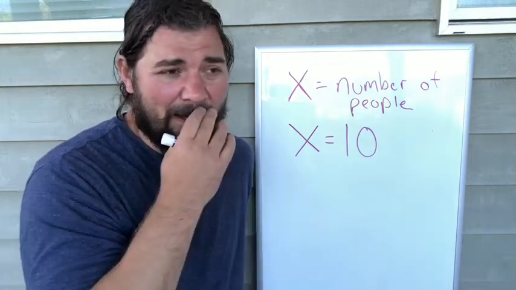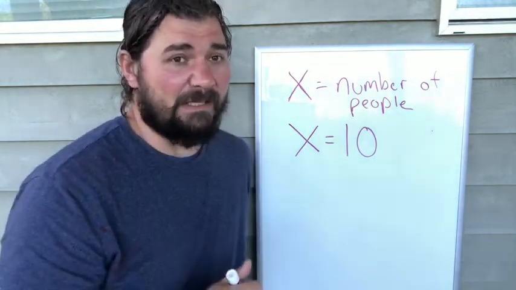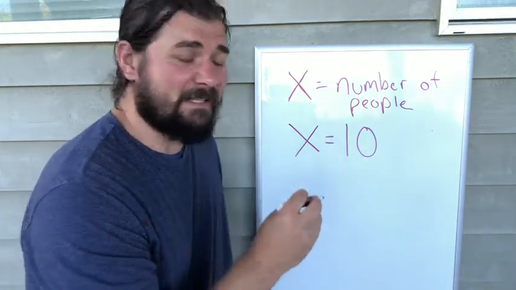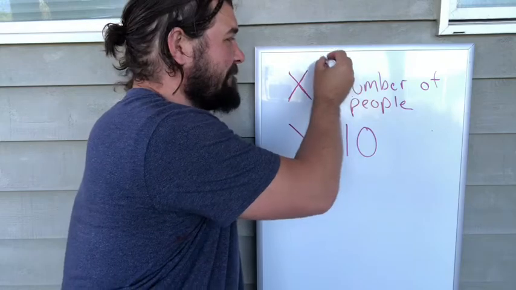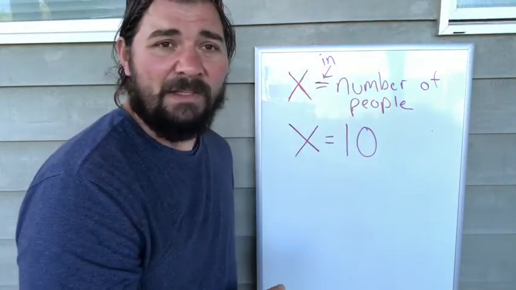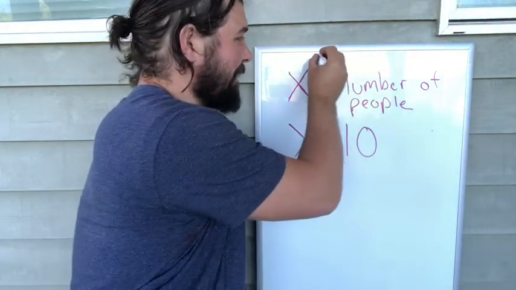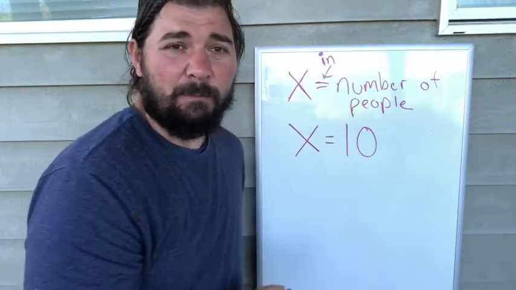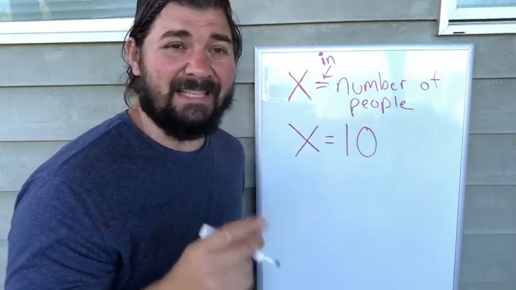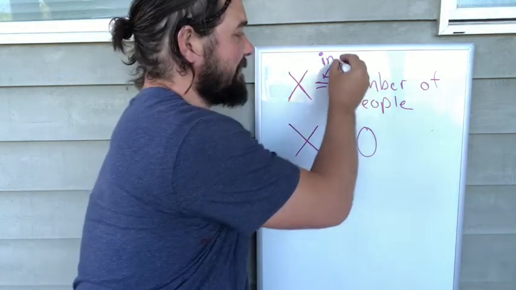So I started thinking about it, and that's where inequalities come in. So inequalities are like equalities, or like the equal sign, except they have the prefix in in front of them. And if you're really up on your prefixes, you know that the prefix in means not.